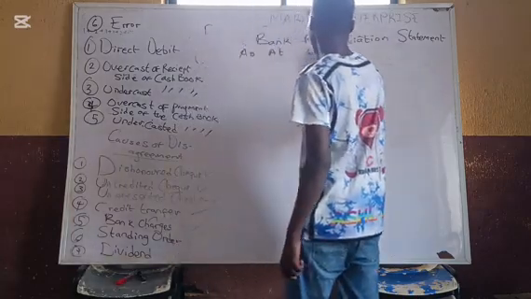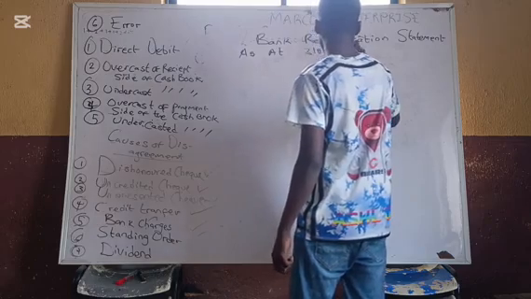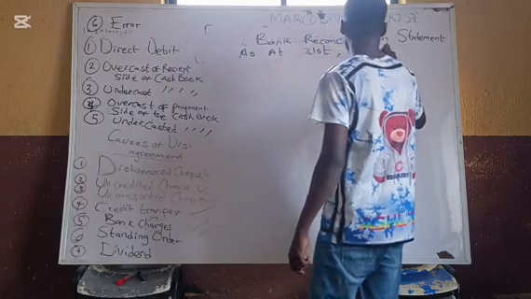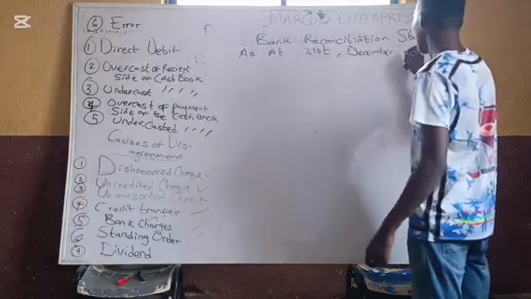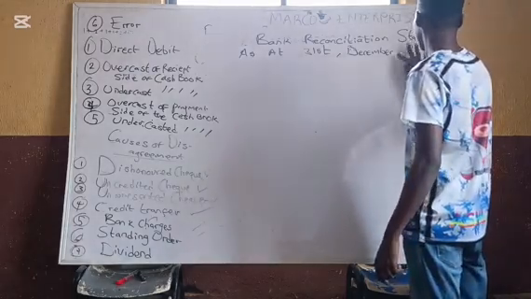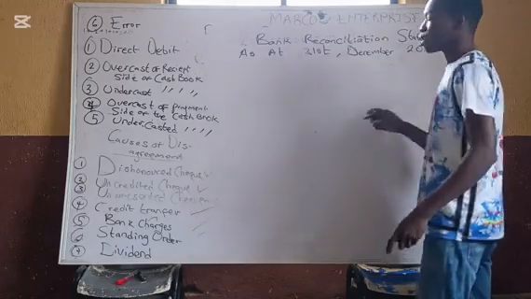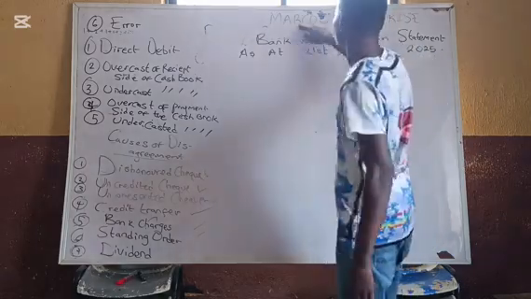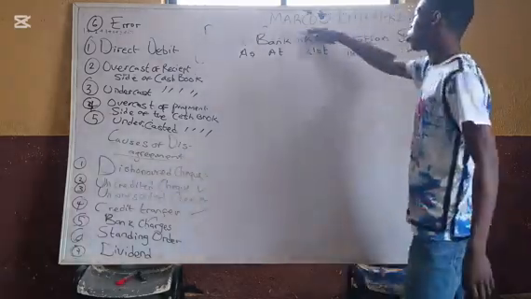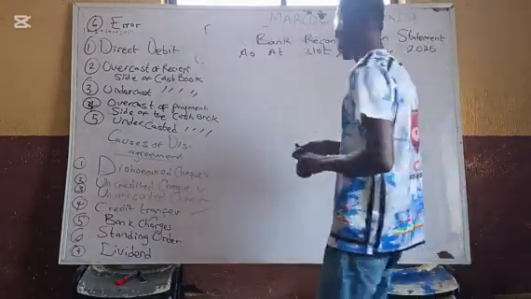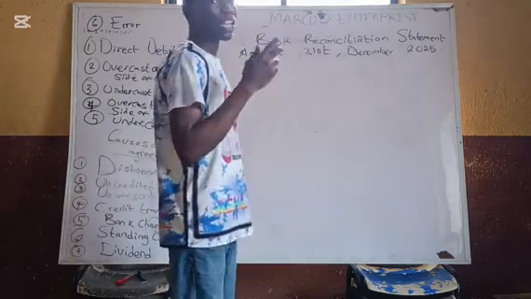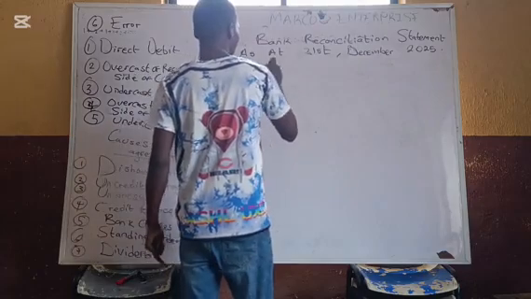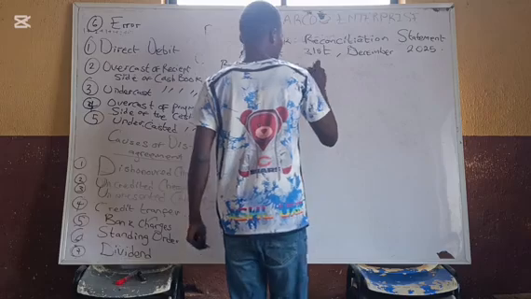So if the date is 31st December, you write 31st December 2025. You write it in full, and the name of the enterprise or the name of the person will be written up here. You can see I wrote Marcos Enterprise. Now we are going to start with balance as per cash book. So we have balance as per cash book.